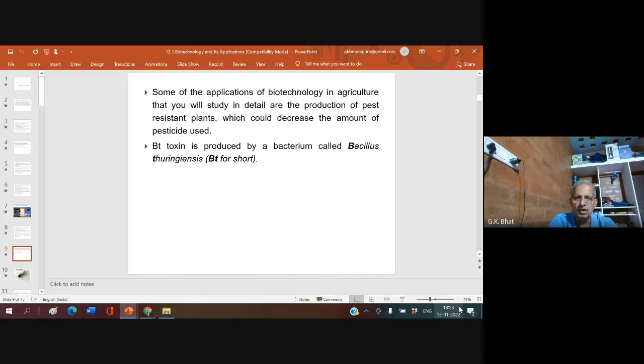Both the extensive use of inorganic fertilizer and the extensive use of pesticides are going to pollute our environment more and more. So we must think about how to reduce both of these. That is what we are going to study in this particular chapter.